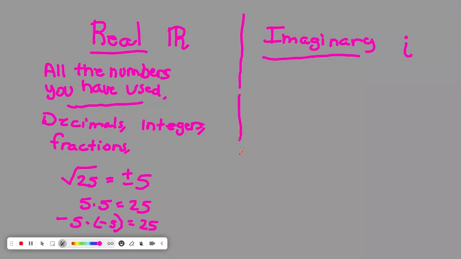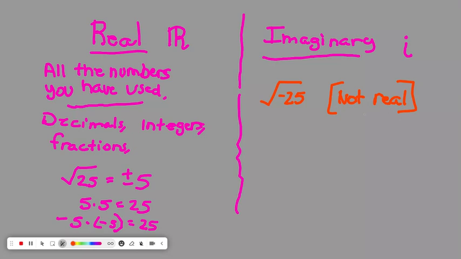Imaginary numbers, by the way, should use a different color for imaginary. If I said the square root of negative 25, well, we can't get that, right? There's no number in the real number system that can give us the square root of negative 25, so we say it's not real. Not real meaning it's not a real number, which is a little confusing, but it'll make sense once we get to imaginary numbers. Again, they're not fake.